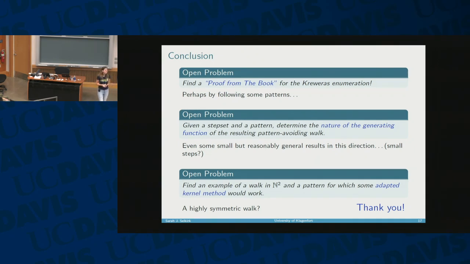Do you have a question? Are meanders in any way easier to count than excursions? And can you break up excursions into meanders and then sum them up together? I got it this time. The question was, are meanders in any way easier than excursions, and can you somehow break meanders up into excursions, or excursions into meanders?